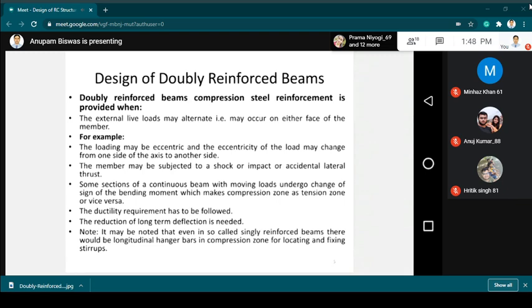There may be loads like accidental lateral thrust, shock or impact load, which could be due to blasting or earthquake forces which are lateral in direction, or due to failure of some nearby structure which falls onto a well conditioned structure, and that lateral load is to be sustained by the beam.